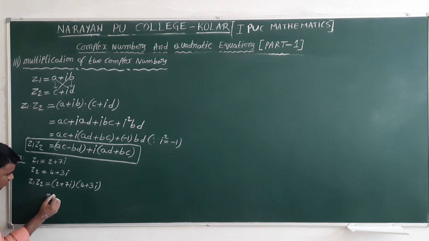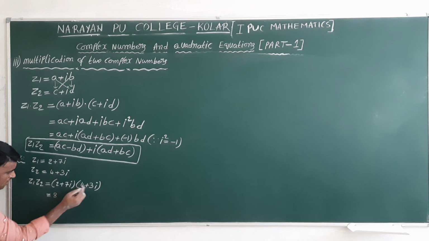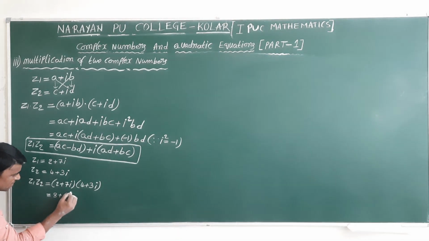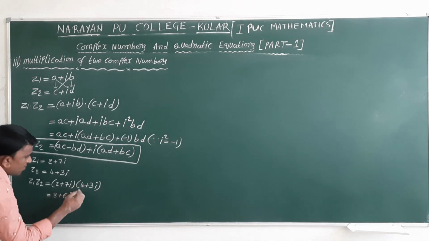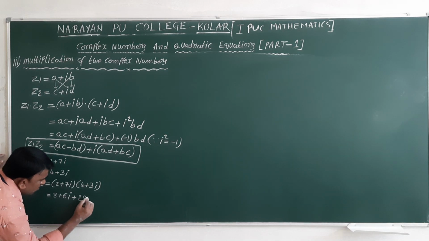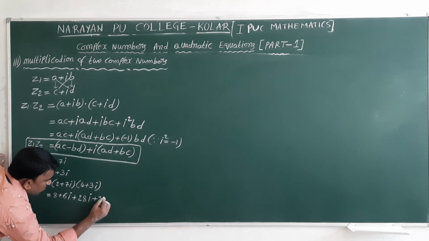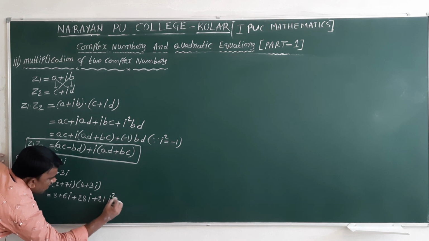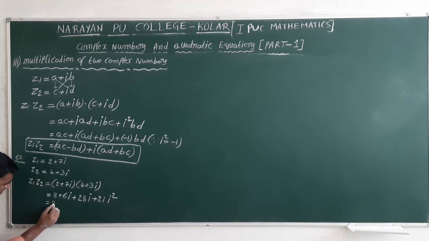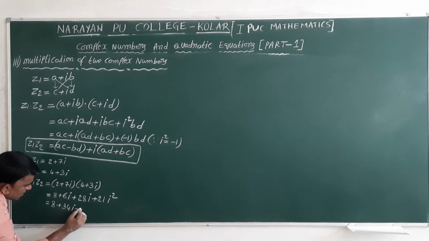Multiplying: 2 into 4 is 8, 2 into 3i is 6i, plus 7i into 4 is 28i, plus 7i into 3i is 21 I square. So 8 plus 6i plus 28i is 34i. I square value is minus 1.